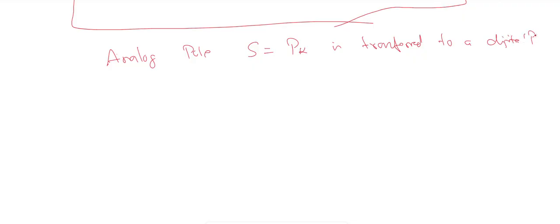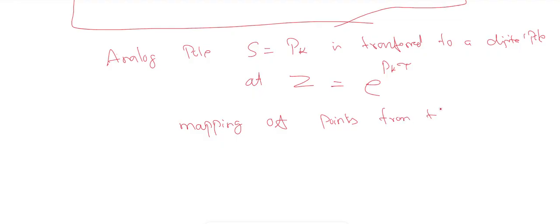Okay, and also the pole. The analog pole S equal to pk is transferred to a digital pole at z equal to e power pk T. So this is the mapping of points from the s plane to the z plane.